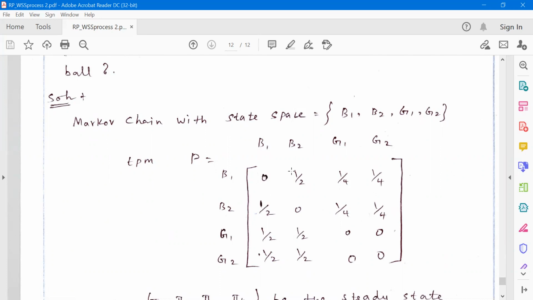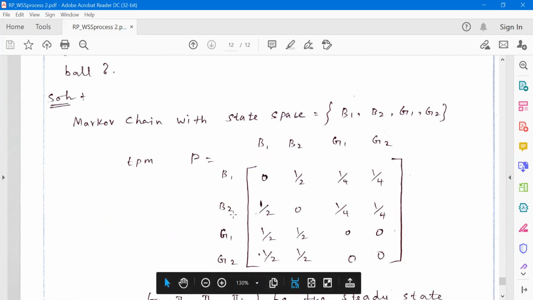B1 throws the ball to B2 with probability 1 by 2, and to each girl with probability 1 by 4, 1 by 4. We can check whether this TPM is correct or wrong: if you add each row, it will be 1. So if I add the first row, the value is 1.